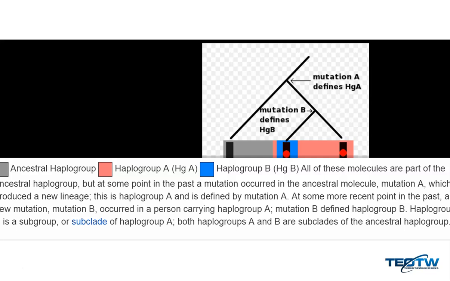He would be haplogroup A. So let's say Jacob's gene mutated from Abraham. He would be haplogroup B. Are they all related? Yes. Right? Is Abraham the father of Jacob? Yes. He's the ancestor of Jacob.